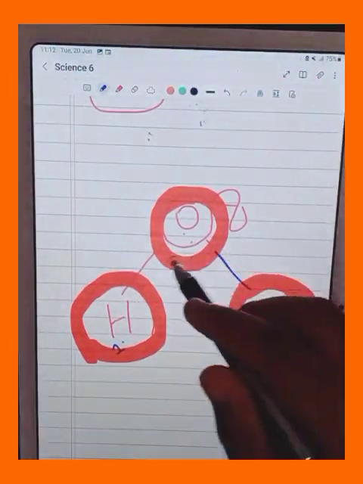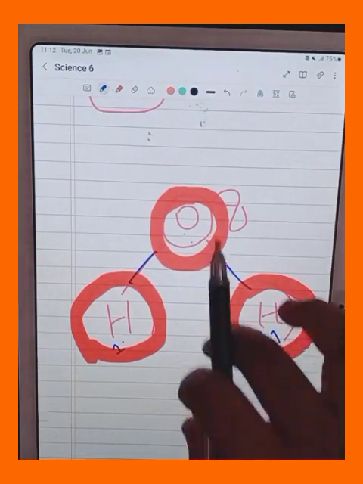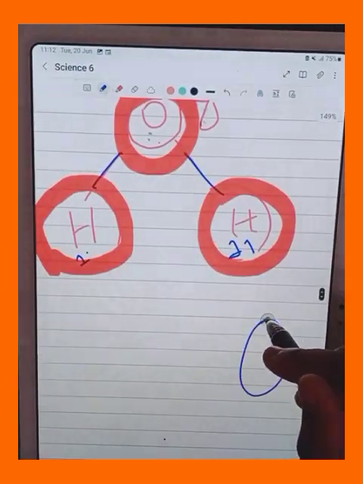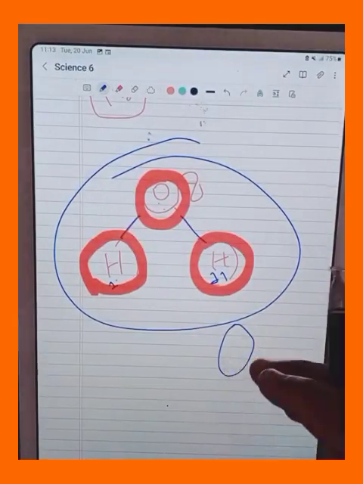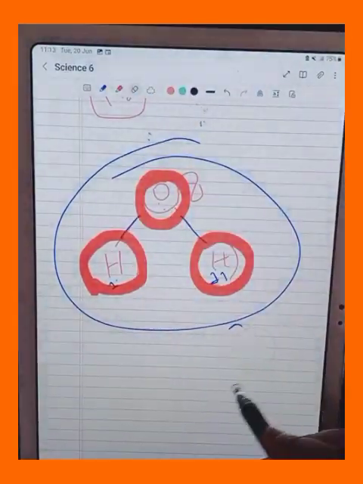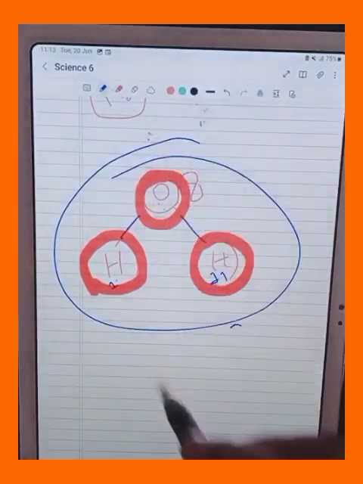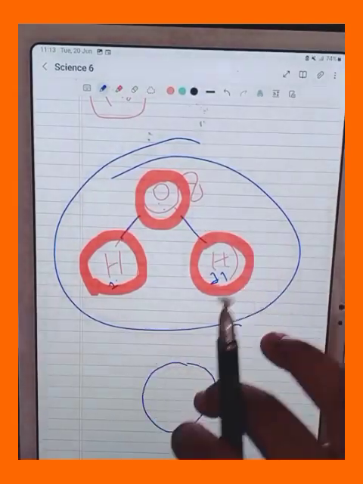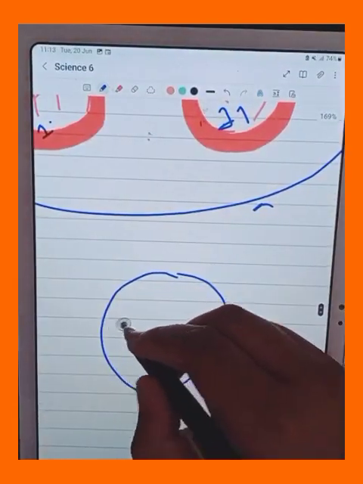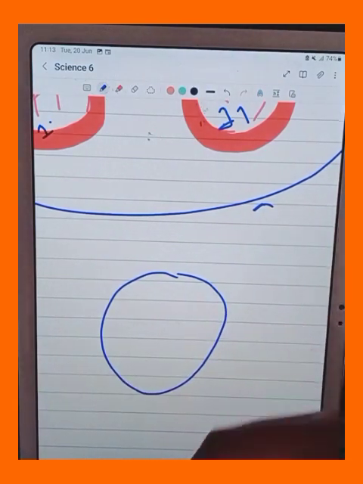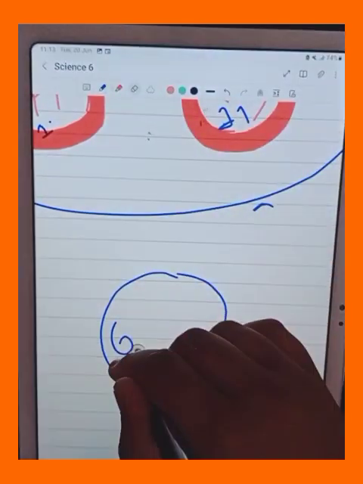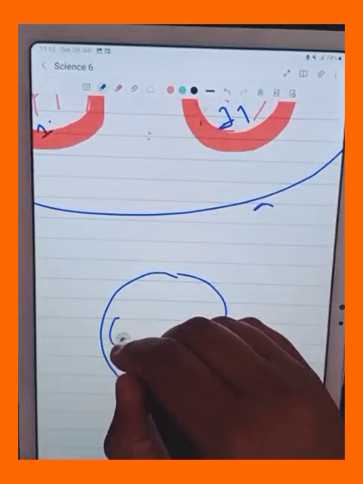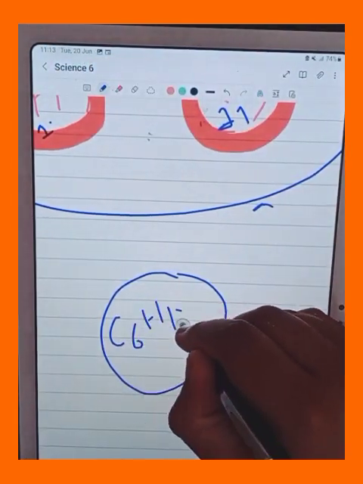So I was telling you that this whole is a water molecule. First erase it, and draw. Here is a sugar molecule, which we can call starch, carbohydrate, sugar. The chemical formula is C6H12O6.